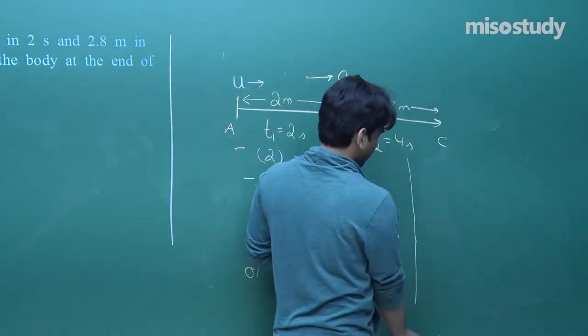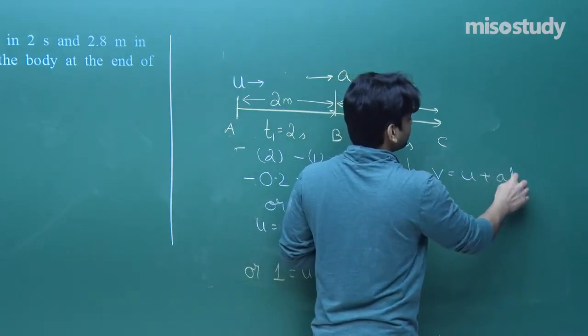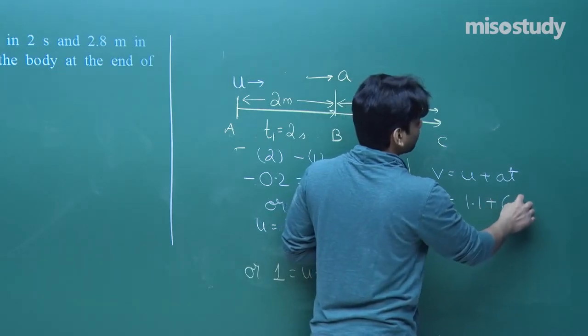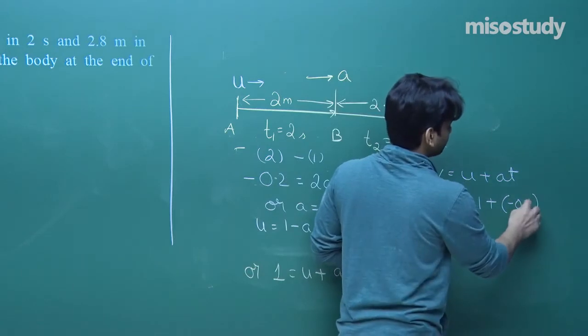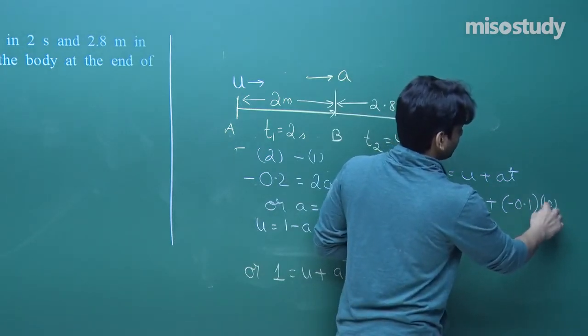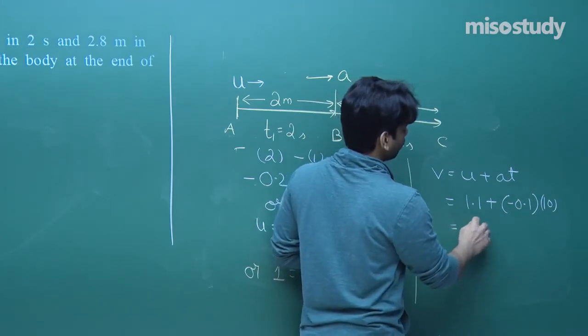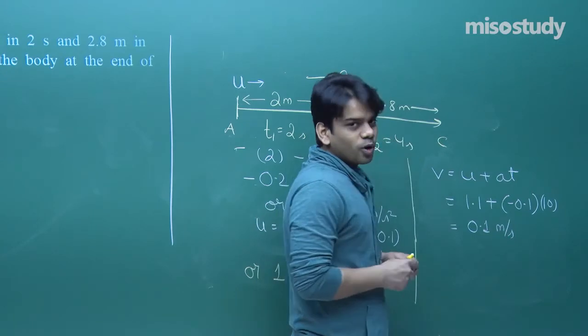The speed after 10 seconds will come out to be v is equal to u plus at. So u is 1.1 plus a is minus 0.1 into 10. 10 into 0.1 will give you 1, 1.1 minus 1 will give you 0.1 meter per second. So the right answer is 0.1 meter per second.